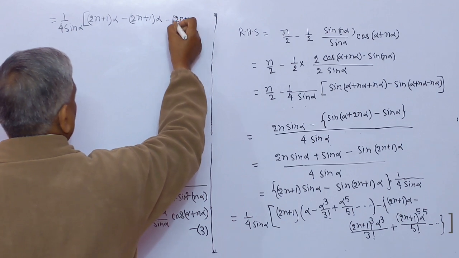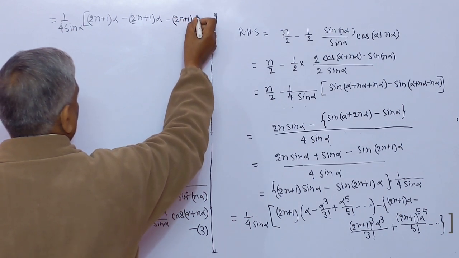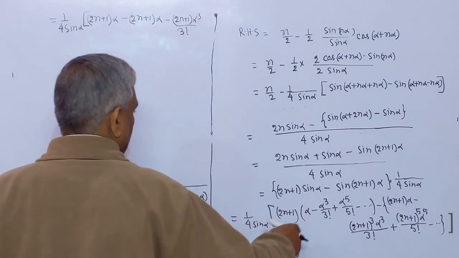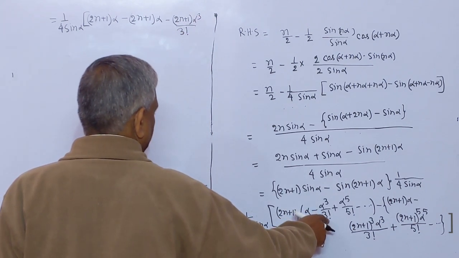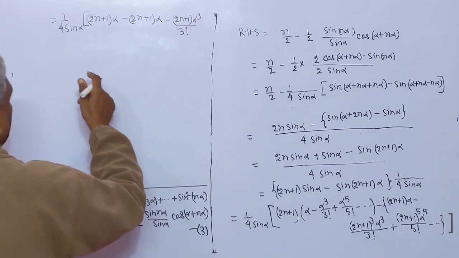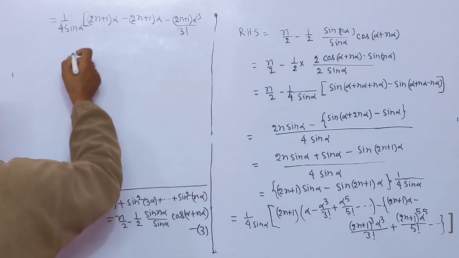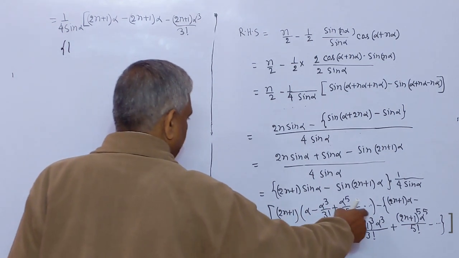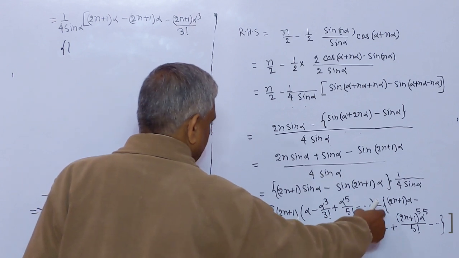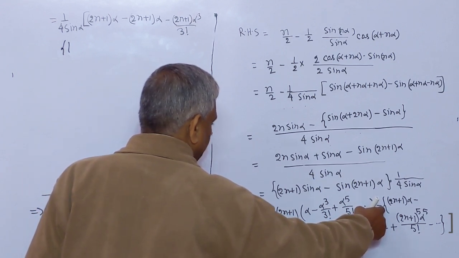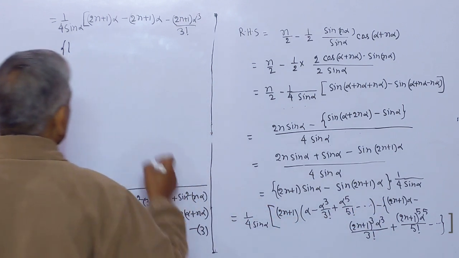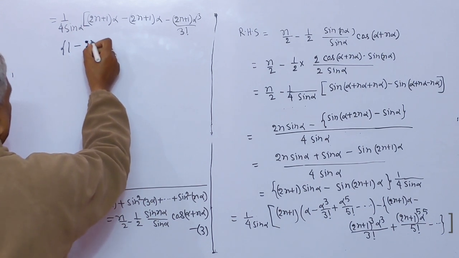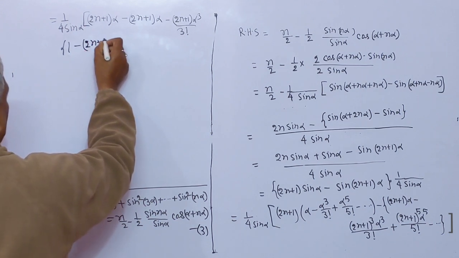Here in the first bracket remains 1, and in the second bracket we have already taken minus, so remains minus (2n plus 1) whole square.